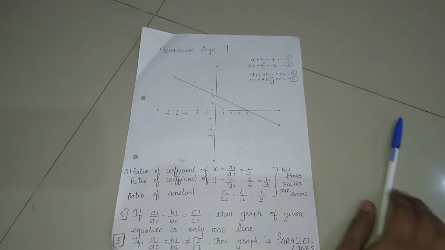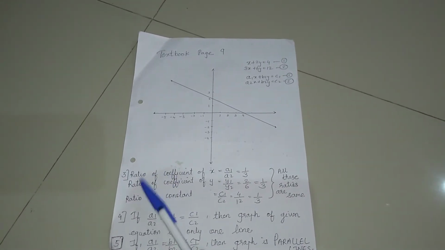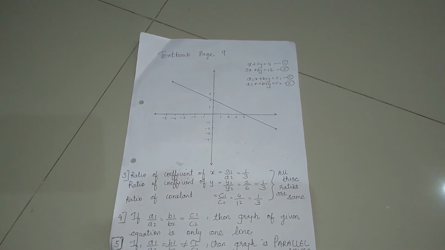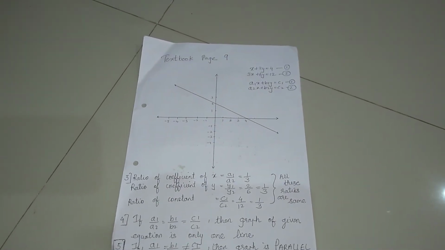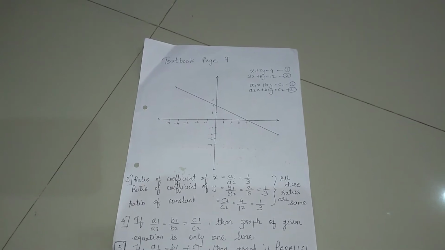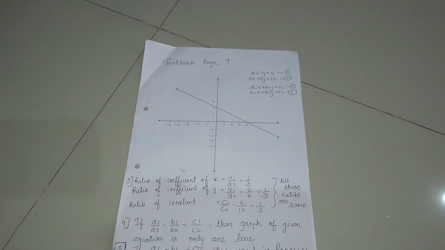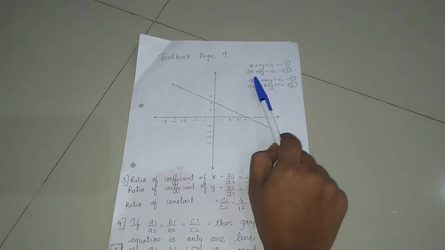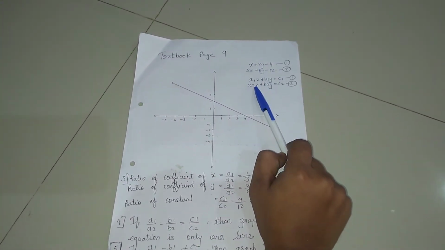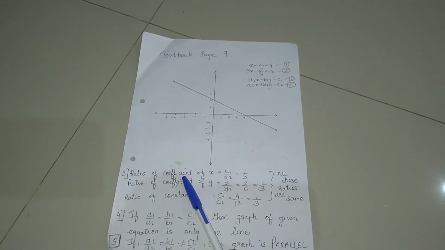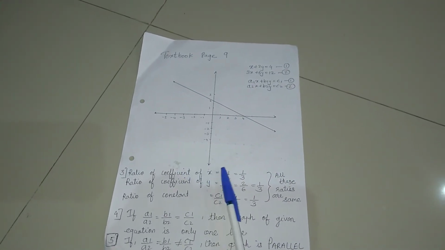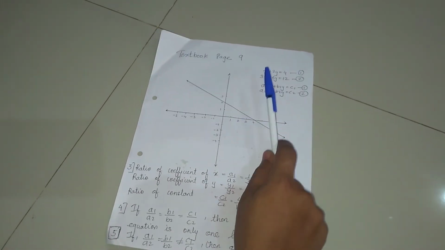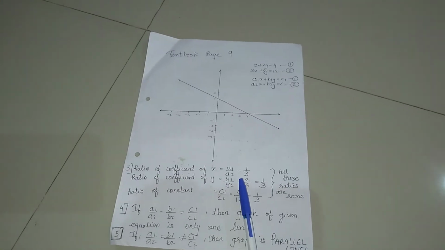Now let's quickly go on to the third one, where I have written the answer over here. What is the relation between the coefficients of x, the coefficients of y, and the constant terms in both the equations? As we have compared equation 1 and equation 2, the ratio of the coefficients of x, a1 upon a2, is 1 upon 3.